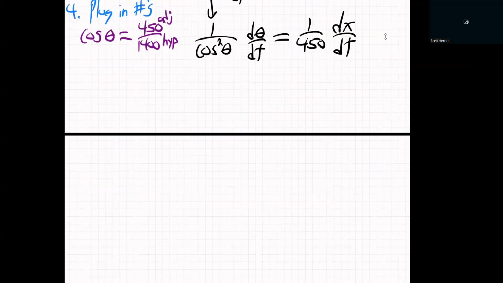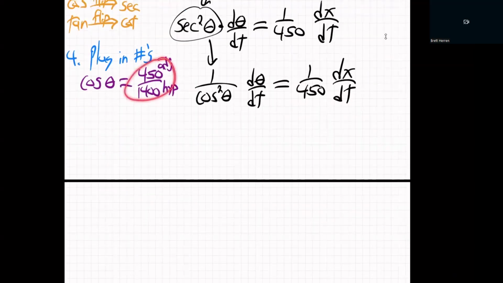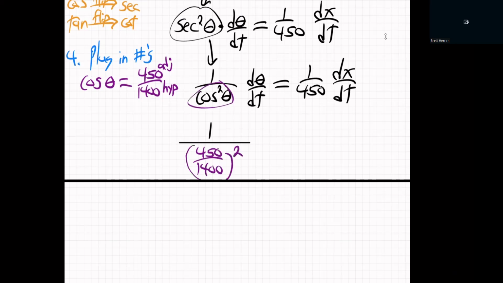Well, now we can plug in because I know the cosine is 450 over 1,400. So then this is going to be 1 over 450 over 1,400 squared. This is cosine squared.